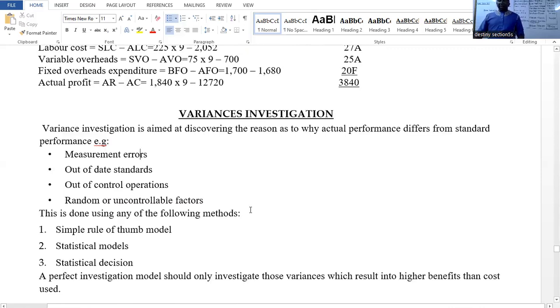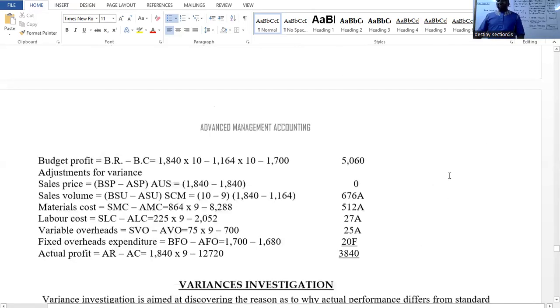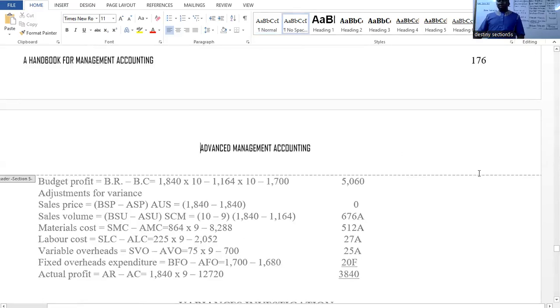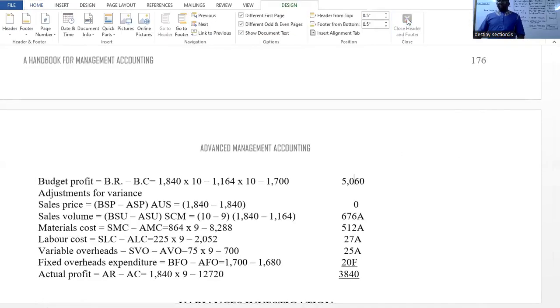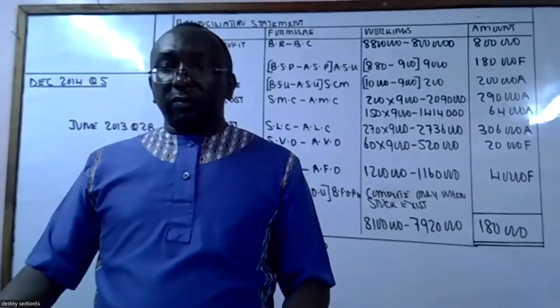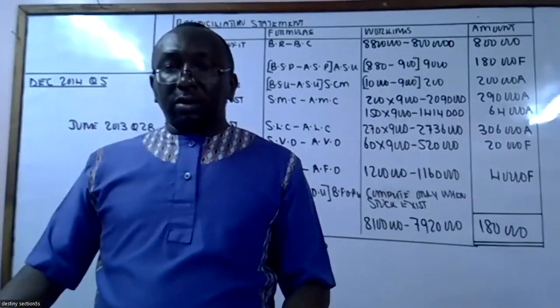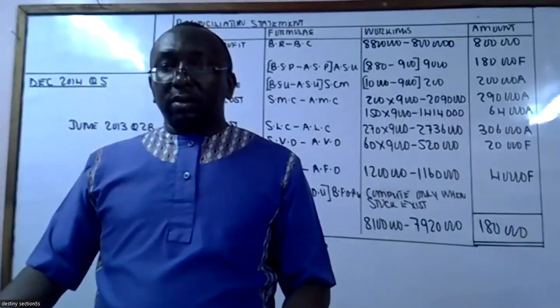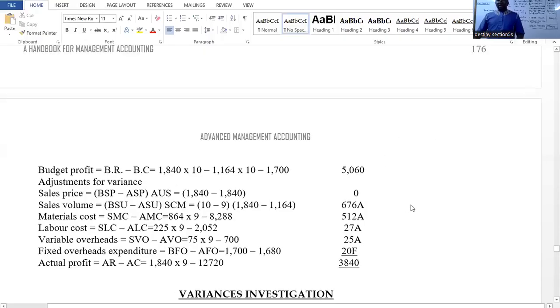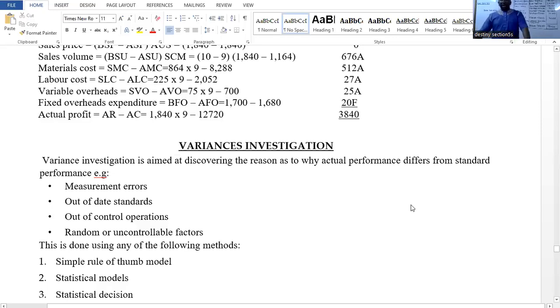Then the other one is out of date standards. Maybe we are using standards that are out of control. You see these standards, maybe they were designed a long period of time ago and they have already been overtaken by events.